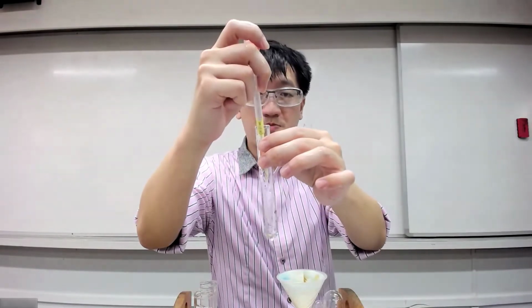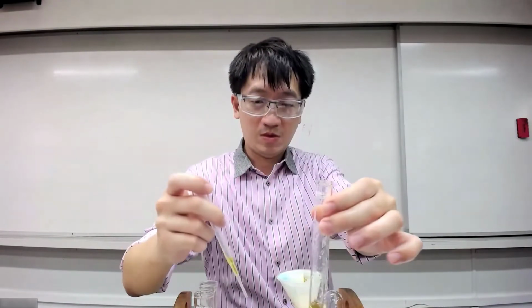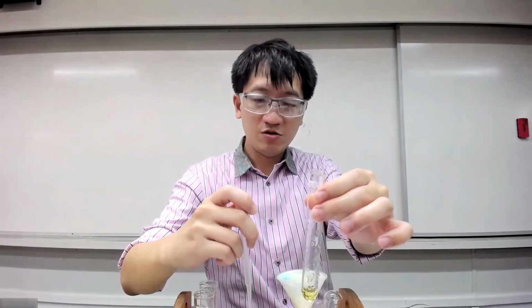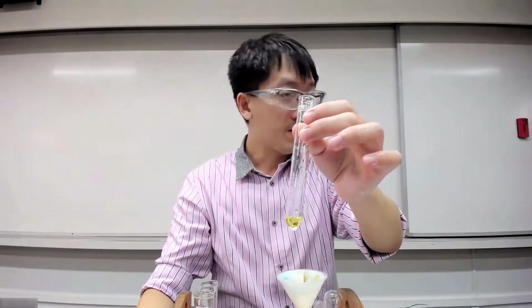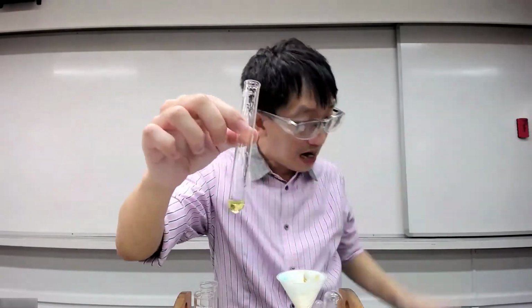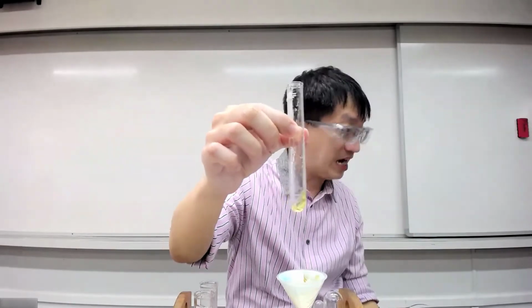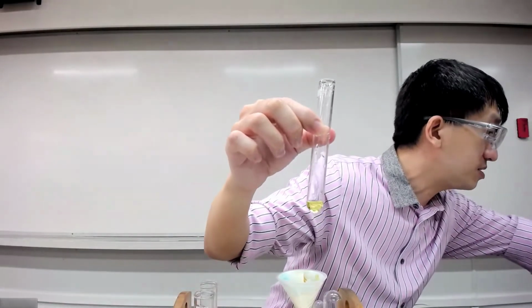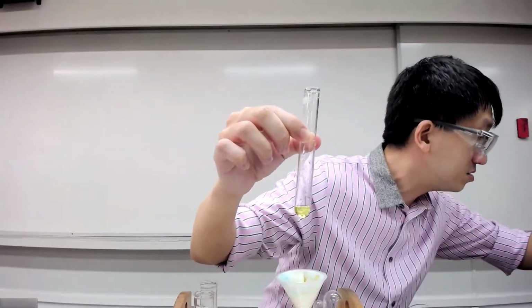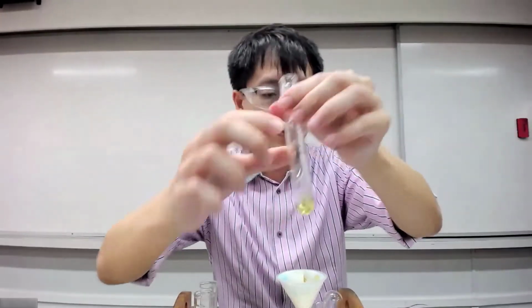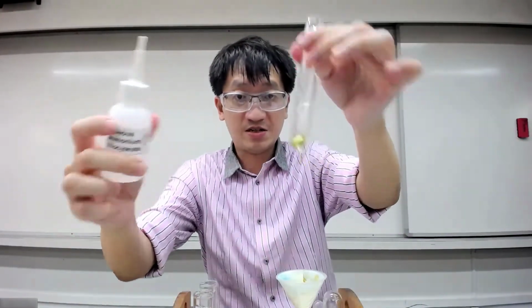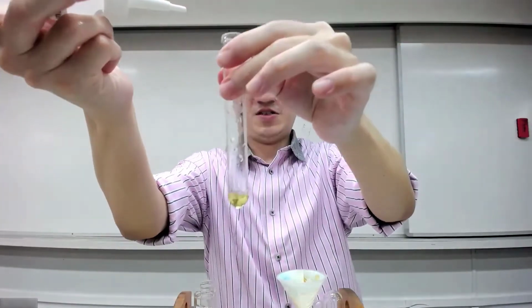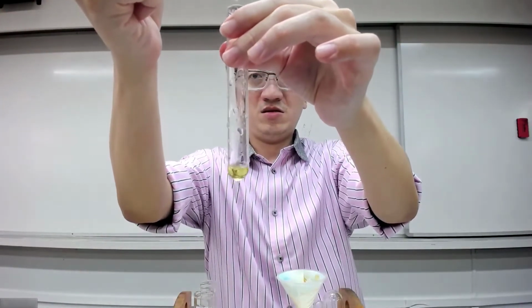Don't need to add too much. So I'm going to add ammonium thiocyanate. Let me find where the ammonium thiocyanate is. Okay, over here, I found it. It's ammonium thiocyanate. Please observe.